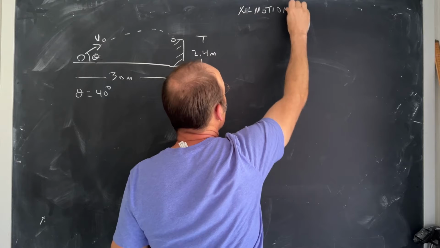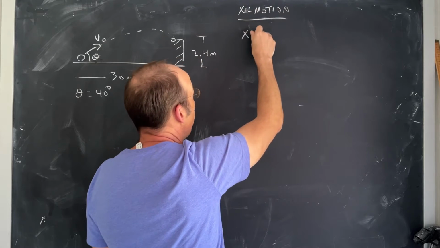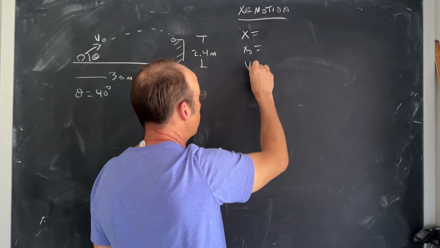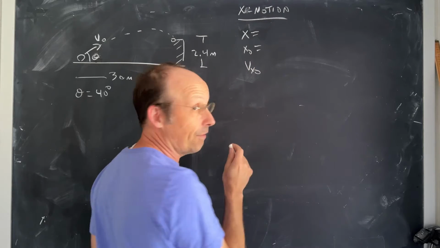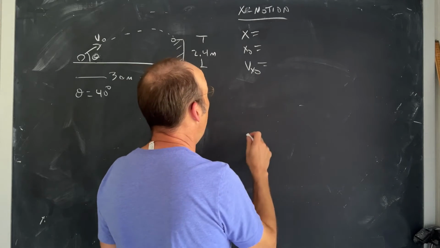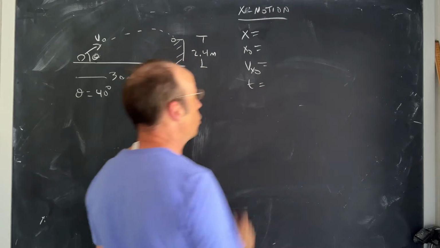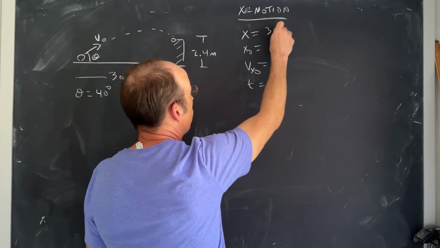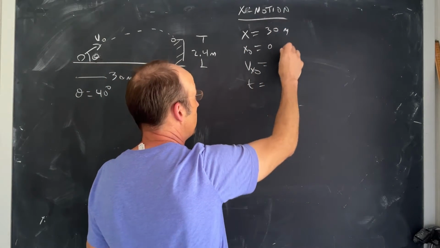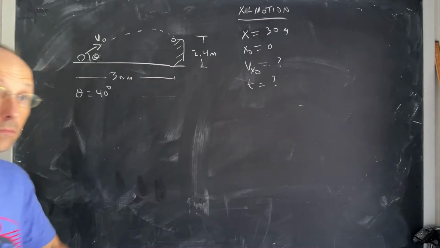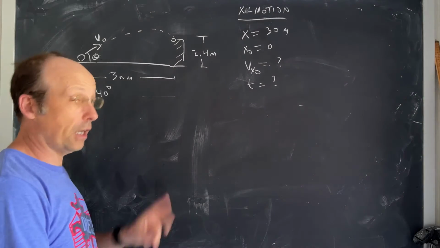I have my final x, my initial x, my initial x velocity, which I can find, and time. Which of those do I know? I know my final x is going to be 30 meters. I know my initial x is 0. I don't know the others, but I can go ahead and write two things.